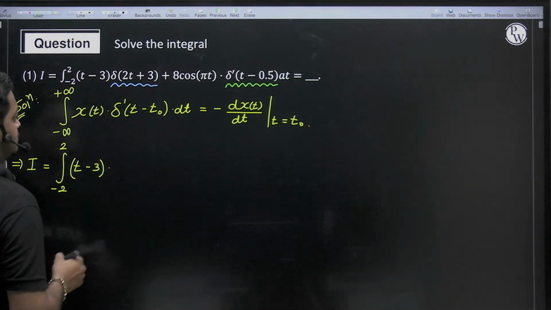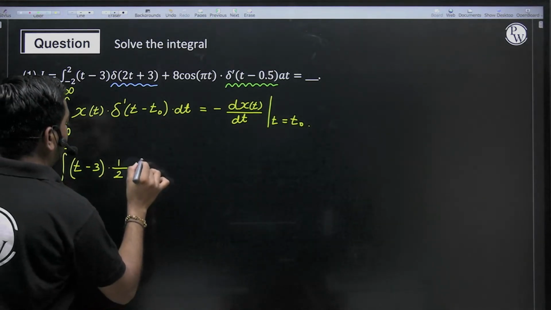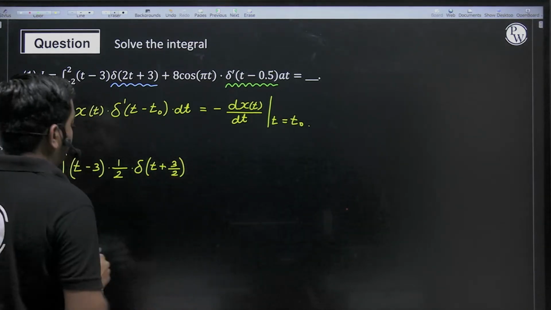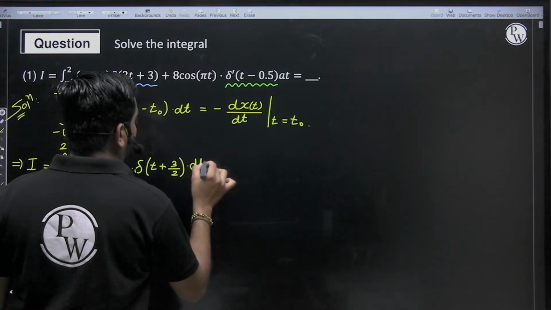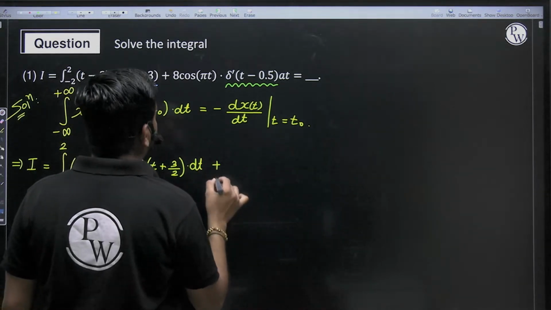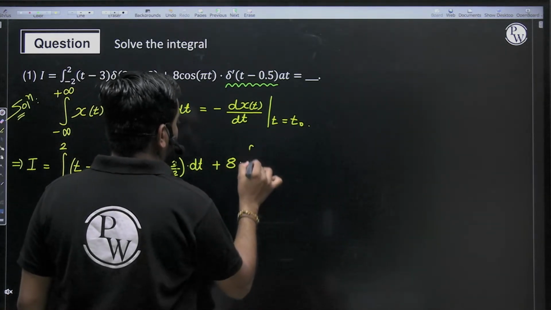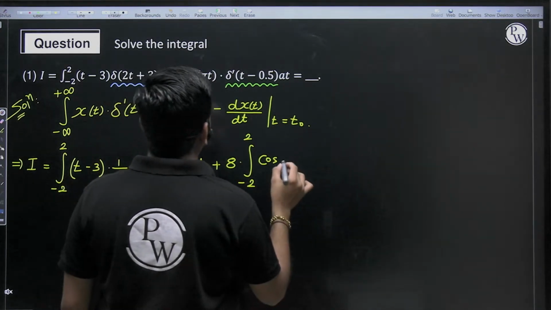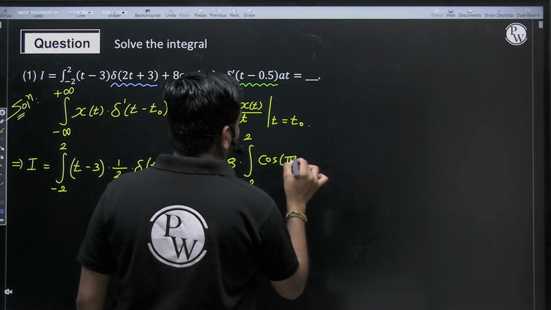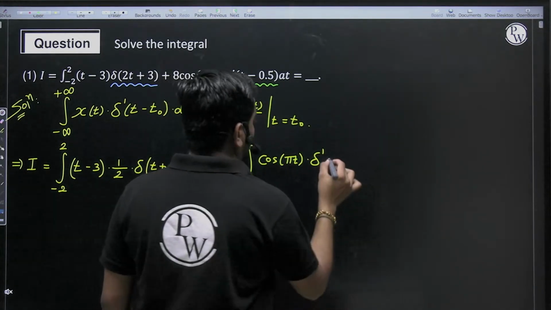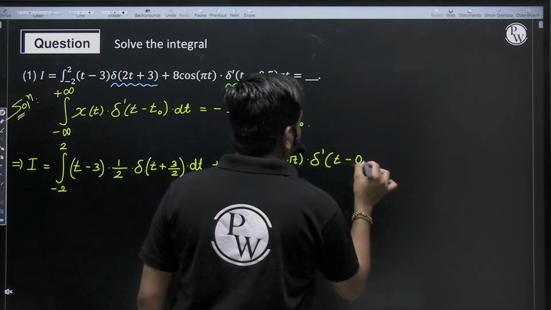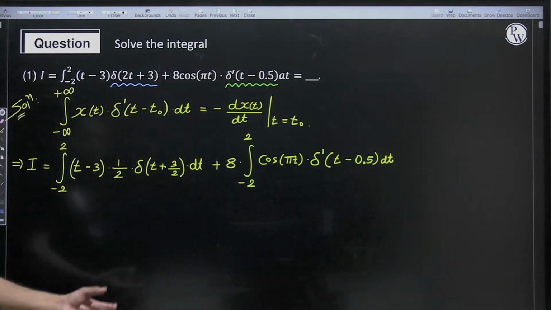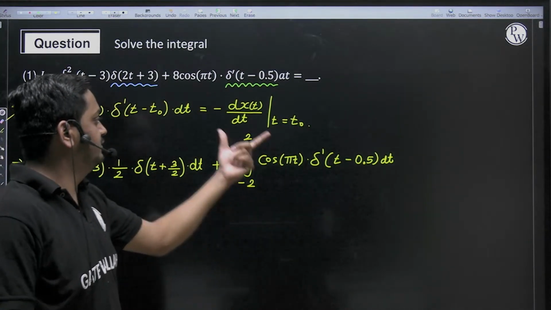Here the scaling factor is 2, so it is nothing but 1 by mod 2 δ(t plus 3 by 2) dt, plus 8 is common, integration from minus 2 to 2 of cos(πt) δ'(t minus 0.5) dt. Now for this second part, use this property.